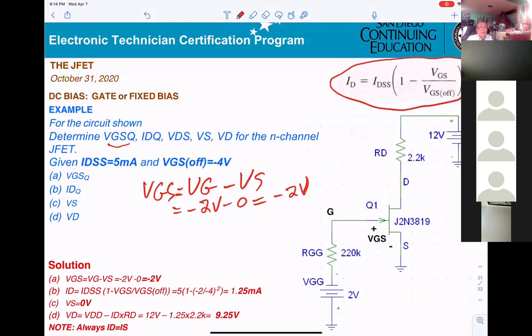It will be equal to IDSS, which is 5 milliamp, times 1 minus VGS, where VGS equals minus 2, divided by VGS off of minus 4, squared. And if you do the calculation right, you can get the answer right here.